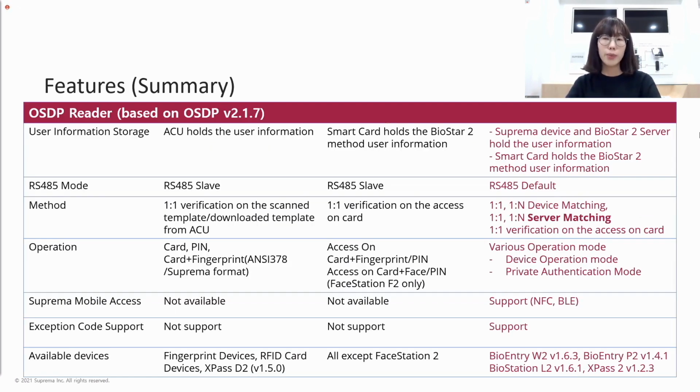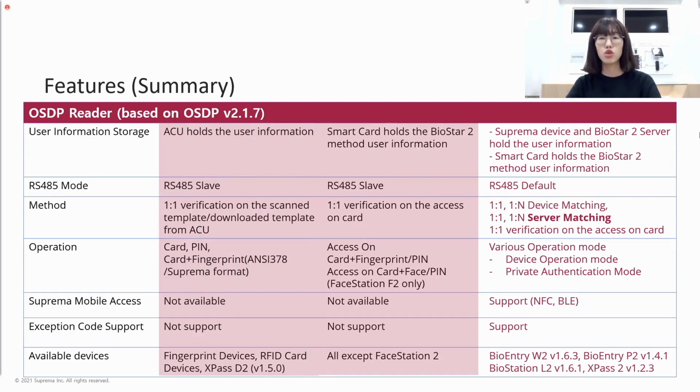To put it simply, let's think of when the device will send the card number via OSDP. The slave leader passes the card number to the access control panel without authenticating from the device. For access on card only, the card number is transmitted to the access control panel when the device successfully authenticates the user information on the card memory.